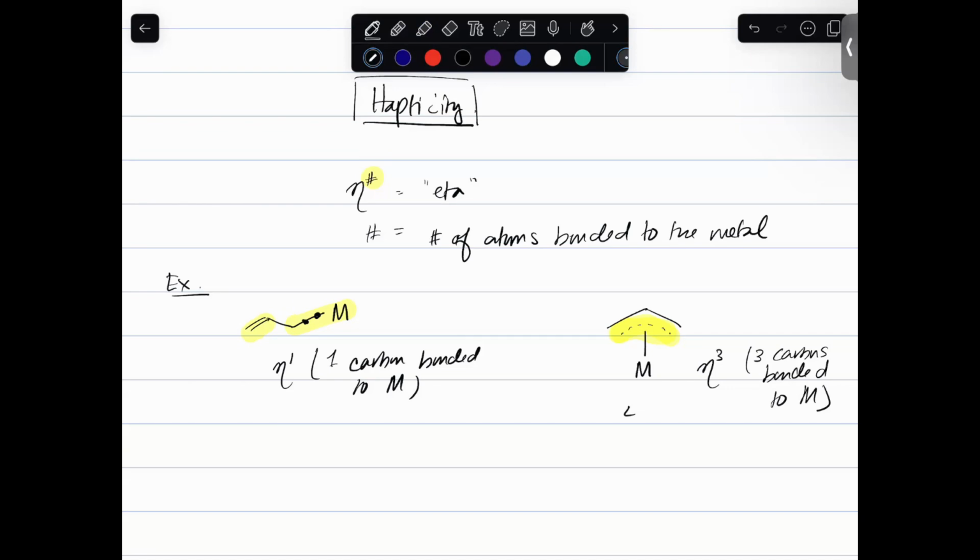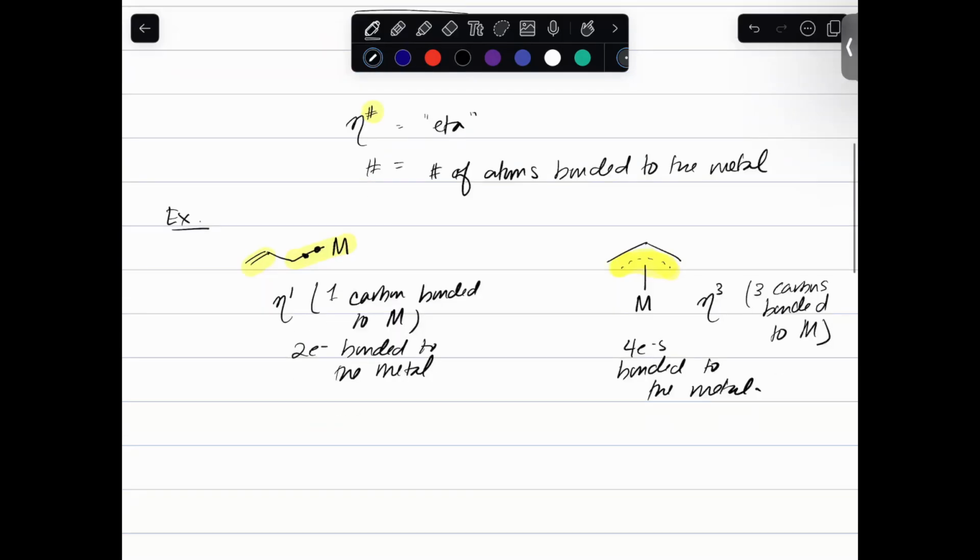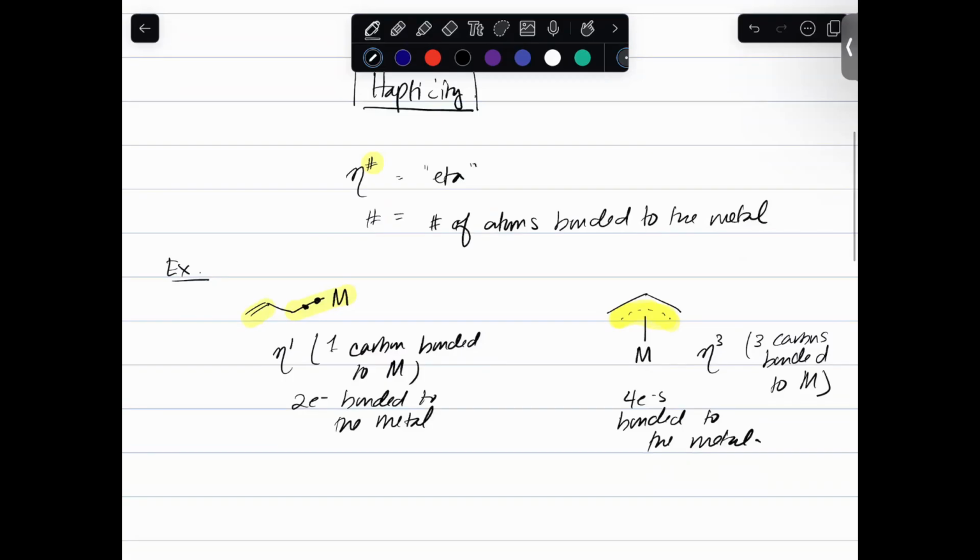So this is 4 electrons bonded to the metal. This is 2 electrons bonded to the metal. So the hapticity really tells you the number of electrons that the ligand is donating to the metal, okay?